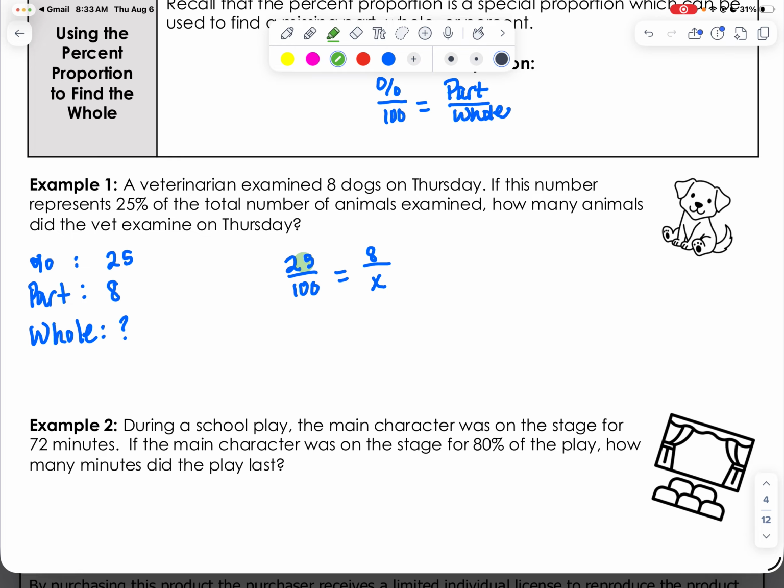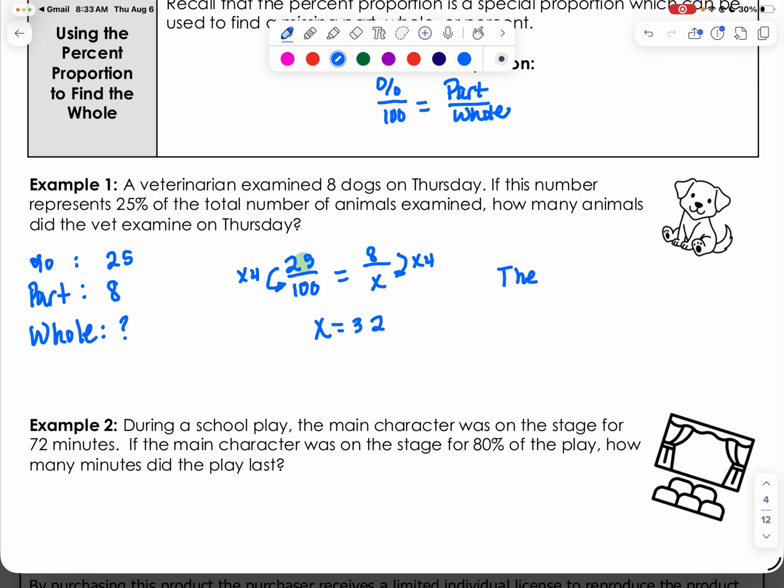And what I noticed right off the bat is that 25 will go into 100 evenly. So I would have to multiply 25 times 4 to get 100. That means I can do the same thing to the 8. I can multiply it by 4. So in this problem, X would equal 32.